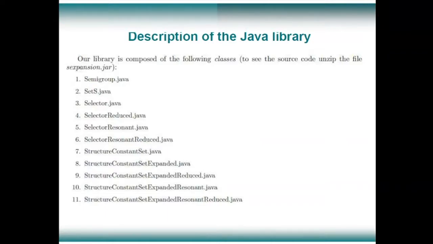Then we had to build a particular set. We don't use the Java default because it's for other purposes, so we have to build a new one. And then we have a selector, and then we have a structure constants class. Then we have some child classes to have functionality for the different entities.